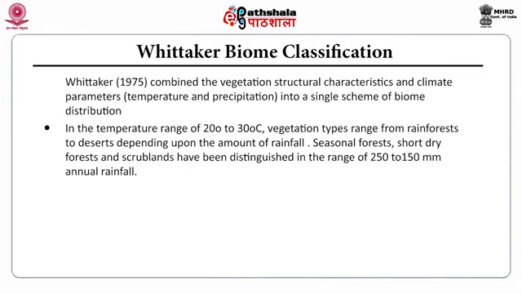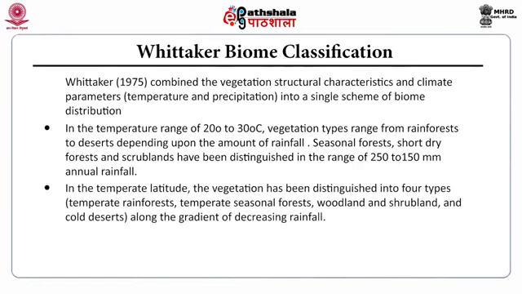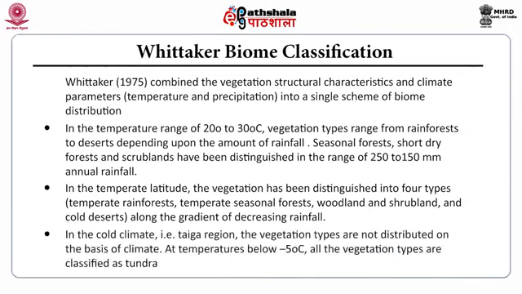Seasonal forest, short dry forest and scrublands have been distinguished in the range of 250 to 150 millimeter annual rainfall. In temperate latitudes, the vegetation has been distinguished into 4 types: the temperate rainforest, temperate seasonal forest, woodland and shrublands, and cold deserts, along the gradient of decreasing rainfall in the cold climate, that is the taiga region.